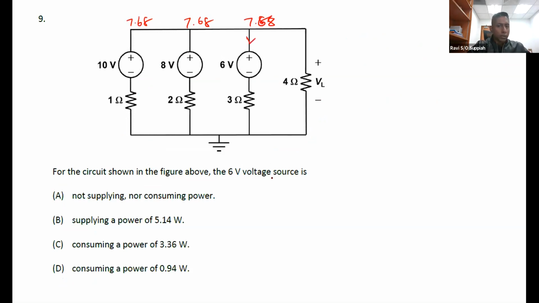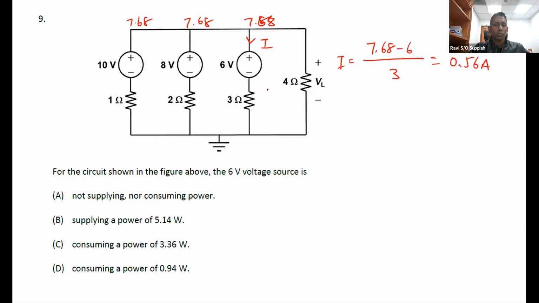The current flowing in this branch is 7.68 minus 6, divided by 3. That will give me 0.56 ampere.